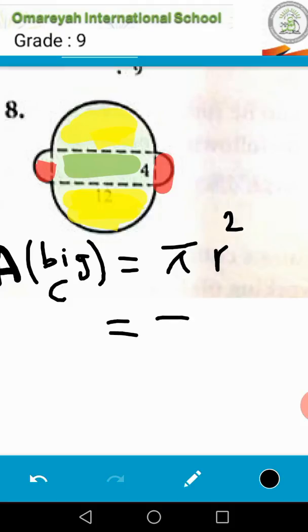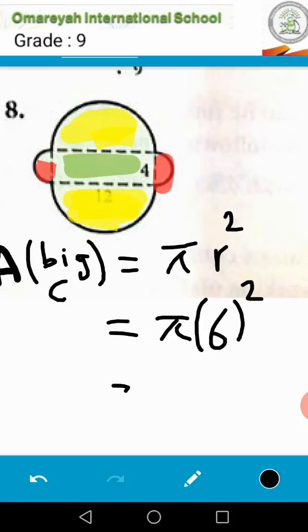Pi, as I said always, don't write 3.14, write pi the same, only pi, and in your calculator you can press the button of pi. Pi r squared. Now what is the radius? The radius for the yellow circle or the big circle is 6, so you have to write 6 squared.